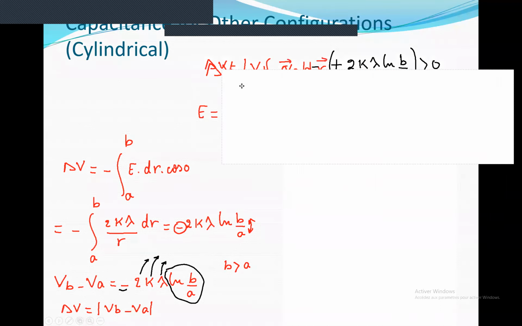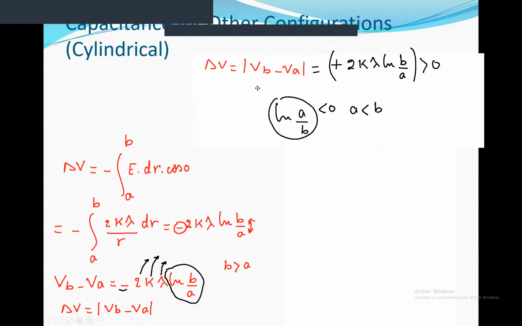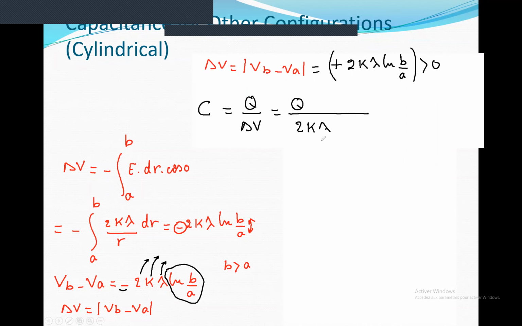Anyway, here we can say C equals Q divided by delta V, Q divided by 2k lambda ln B divided by A. We can write Q equals lambda times L if you want.